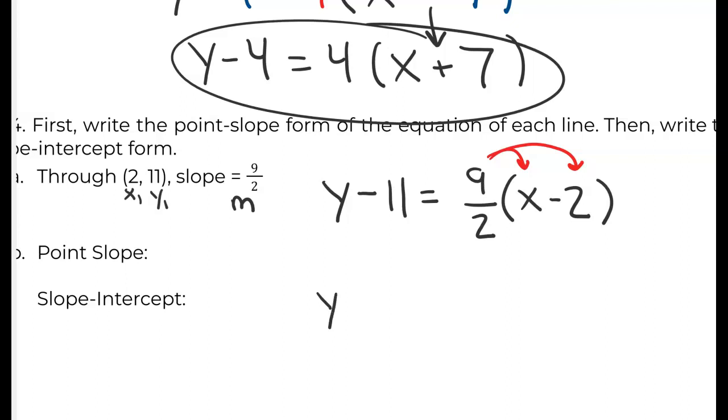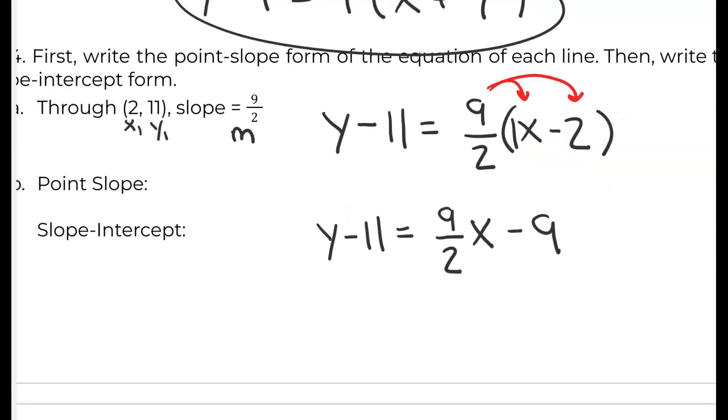I would get y minus 11 is equal to 9 over 2x, because 9 over 2 times x, because there's a 1 in front of here, 9 over 2x. 9 over 2 times negative 2 would be negative 9. So that's after one step, just distributing.